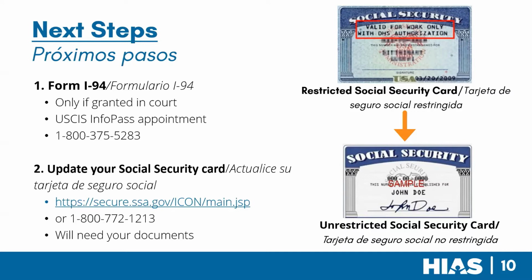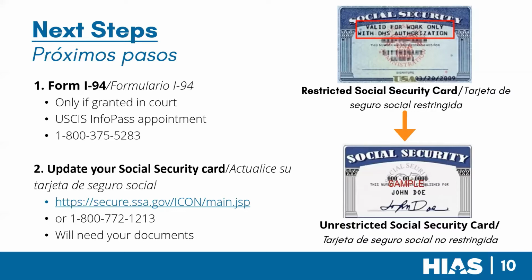So if you currently have a restricted Social Security card, or you don't have any Social Security card yet, you will need to make an appointment with your nearest Social Security office in order to get that updated. And in order to make that appointment, you have two options.